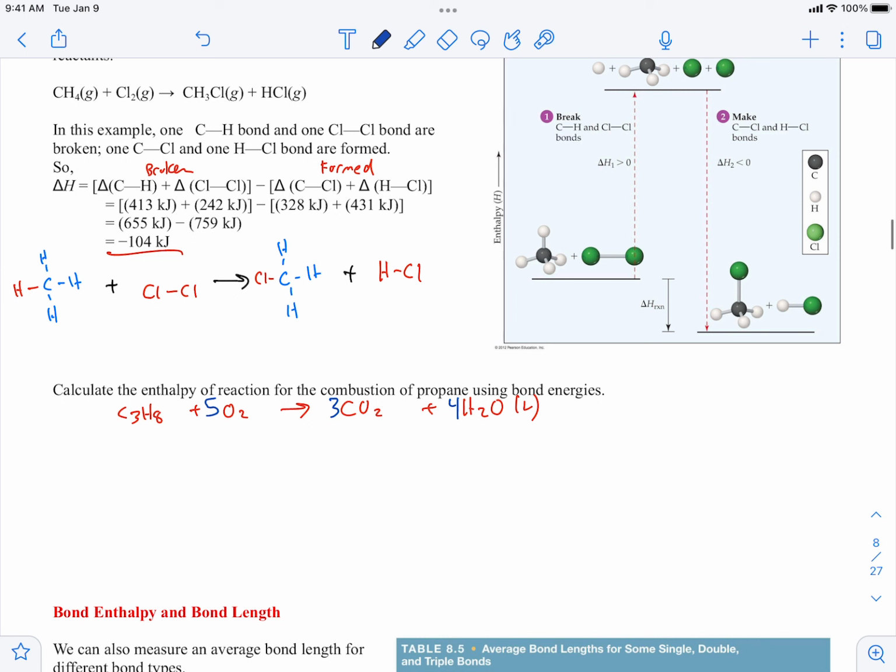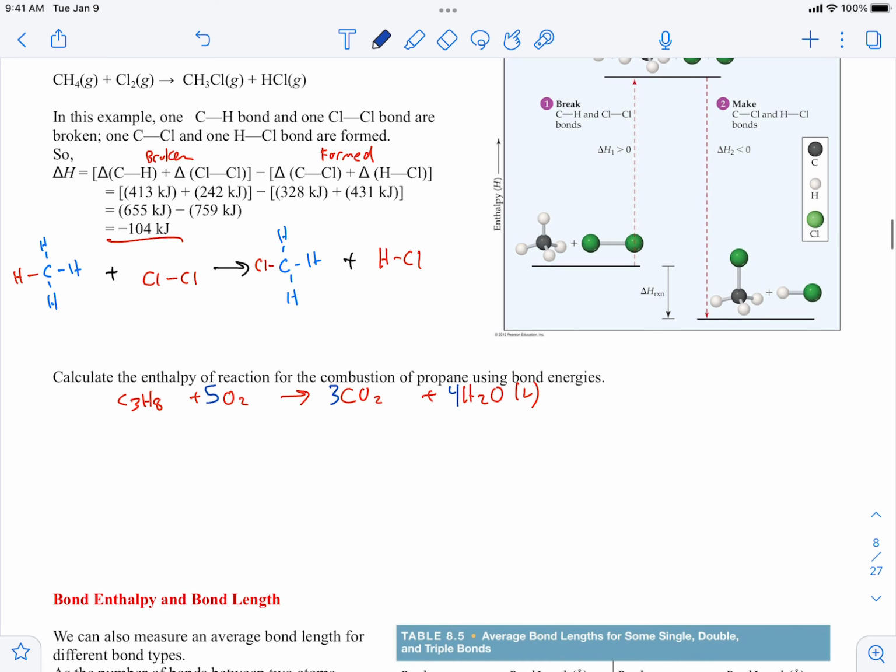Okay. So, it helps to draw out the structure so you know how many of each there are.